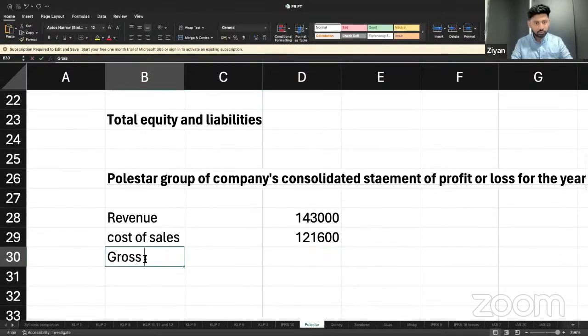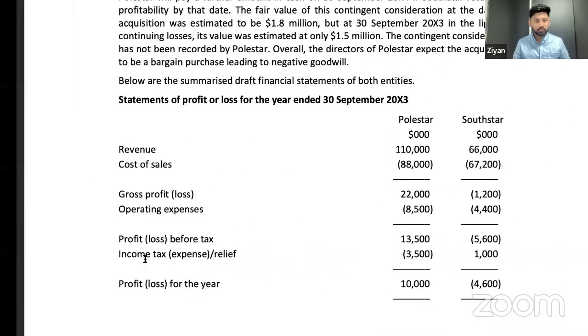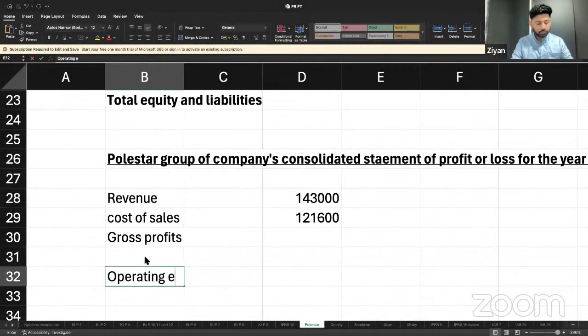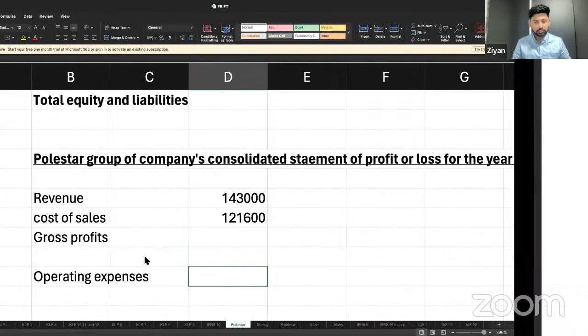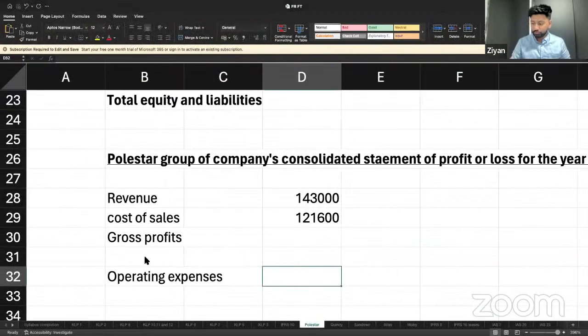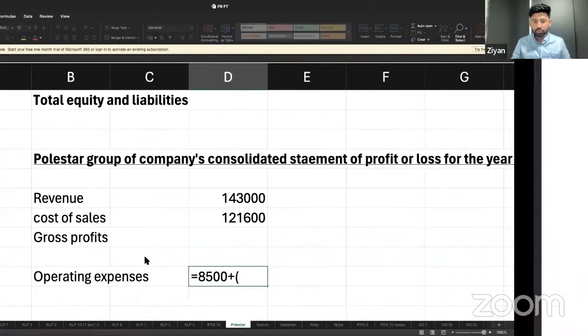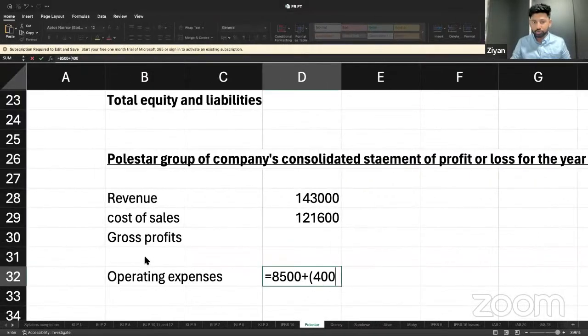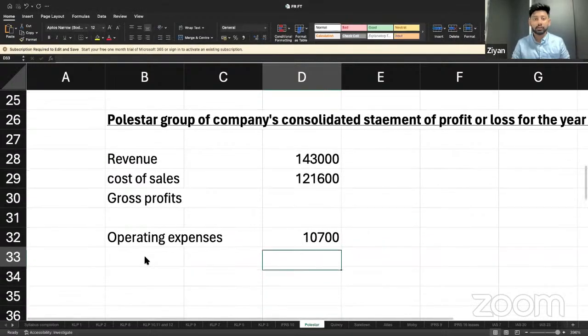Therefore, you get your gross profits. And then what do you have? Operating expenses. 8,500 and 4,400 equals 8,500 plus open brackets 4,400 into 6 over 12. Clear? Yes.